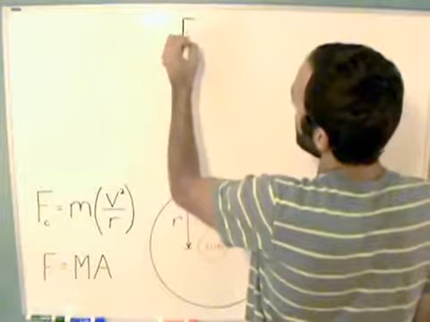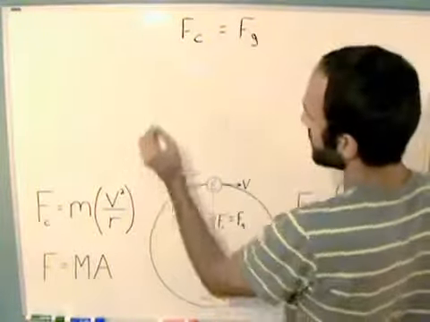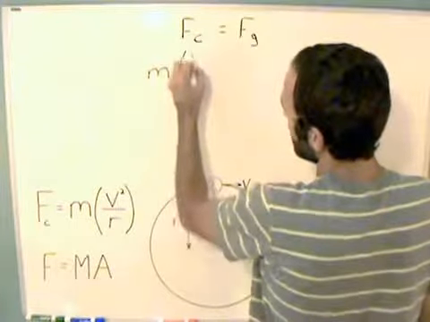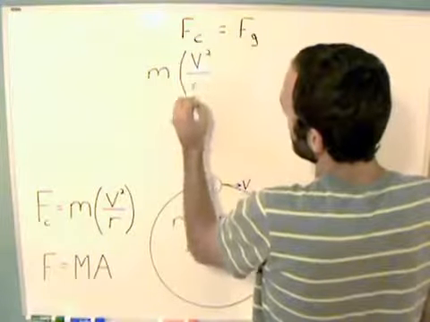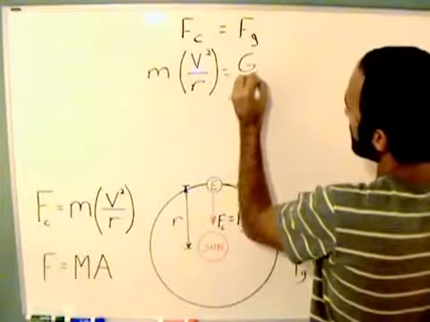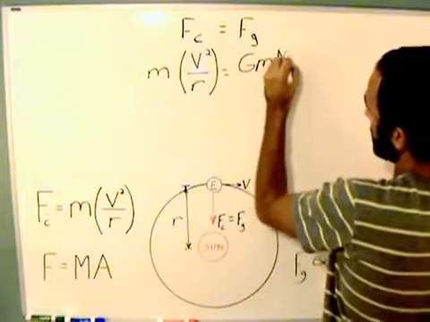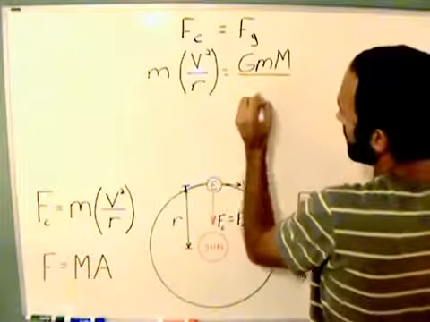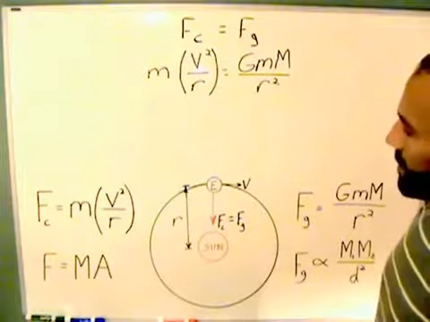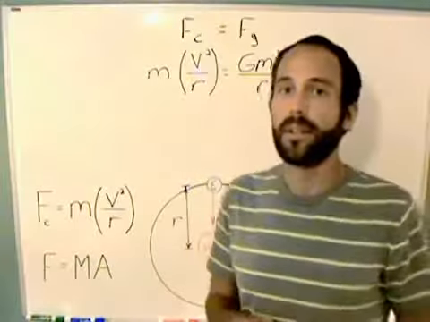But this is really m times v squared over r is equal to big G, the gravitational constant, times the little m, which is the mass of Earth, times big M, which we're going to say is the mass of the Sun in this case, over r squared.